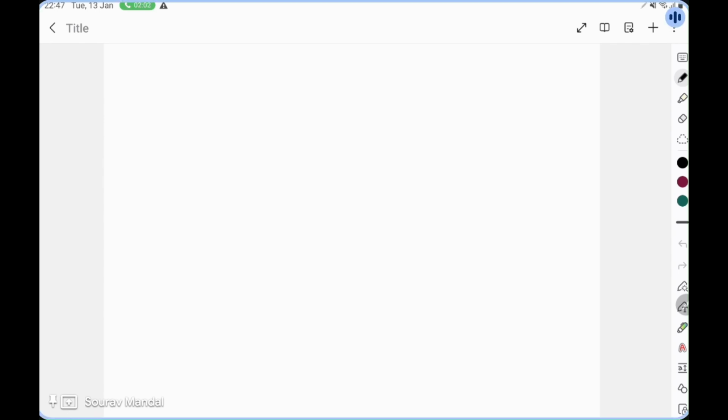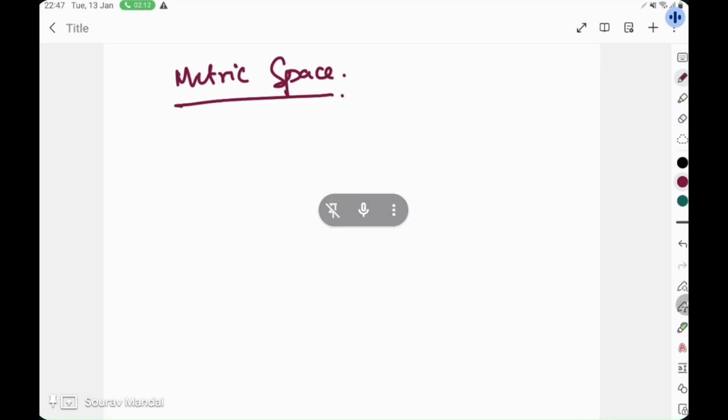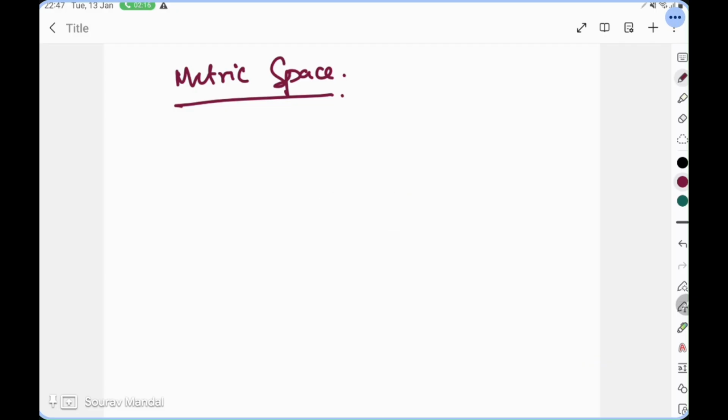So, in the first class, we saw what a metric space is, and we have seen several examples of metric spaces.